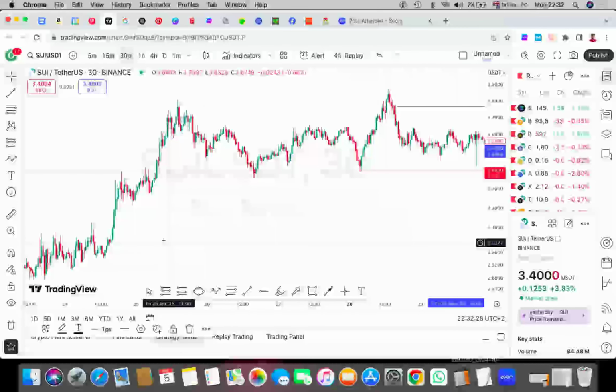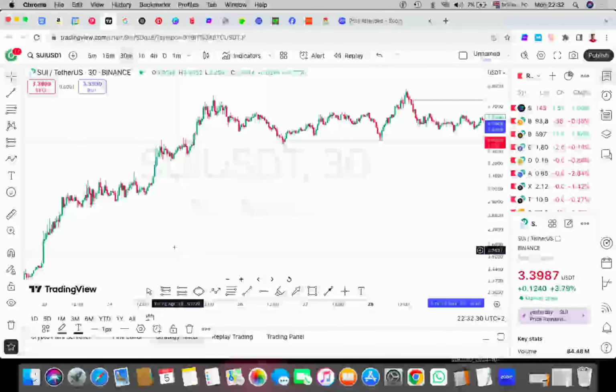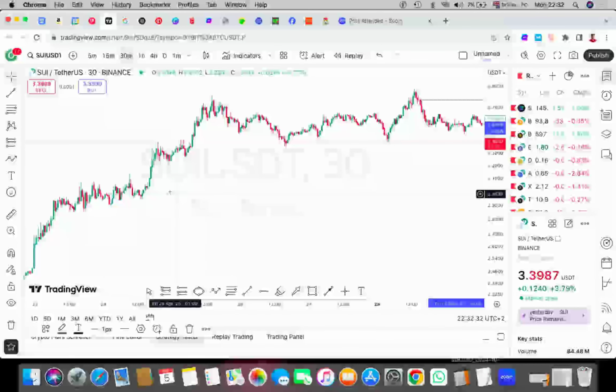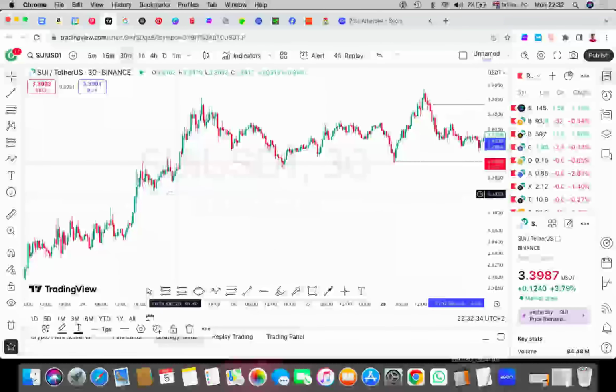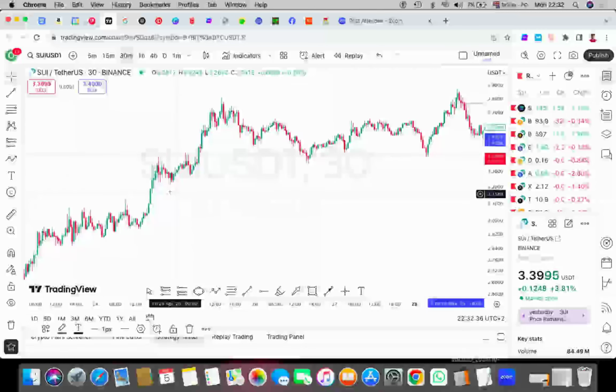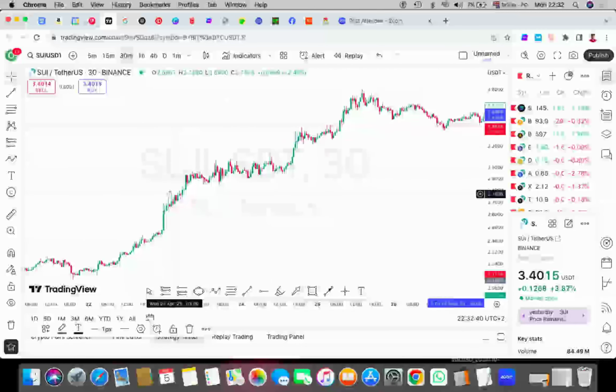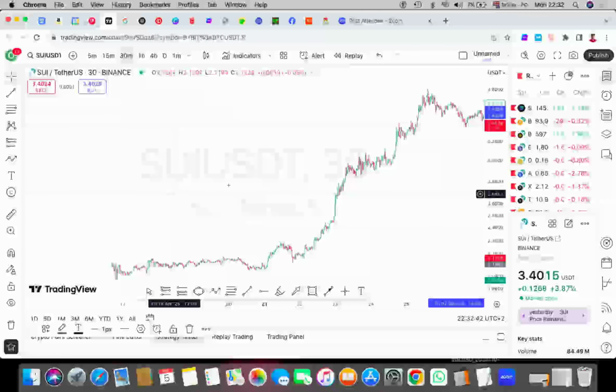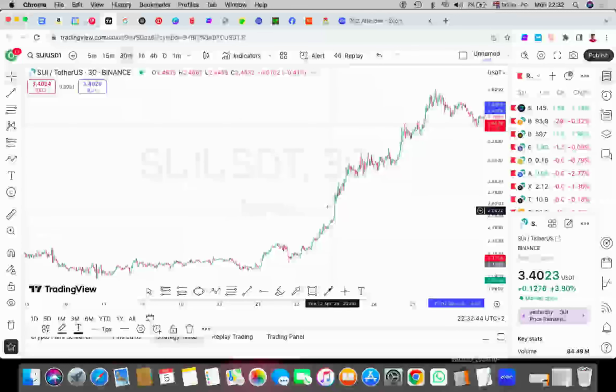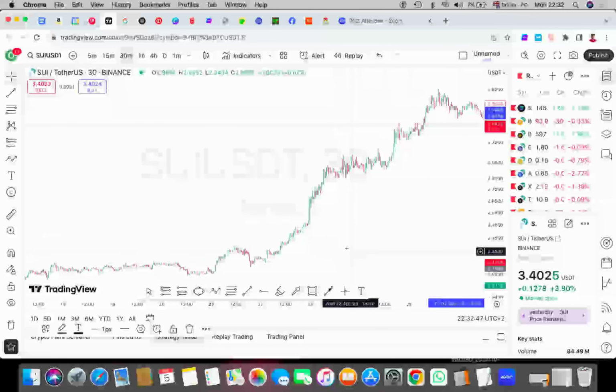So we have an unmitigated block around here, but it's not even clear. Which other pair is here?